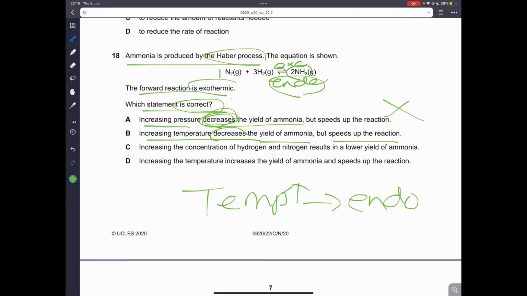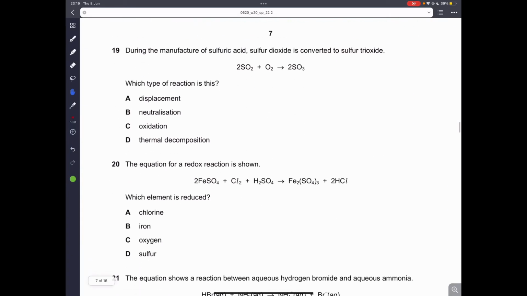The equilibrium is converting them back to the reactants, and this means it decreases the yield of ammonia. However, increasing temperature also means that it increases the speed of reaction. Therefore, B is the correct answer.